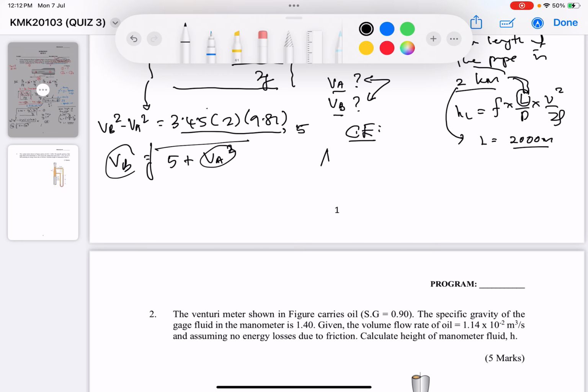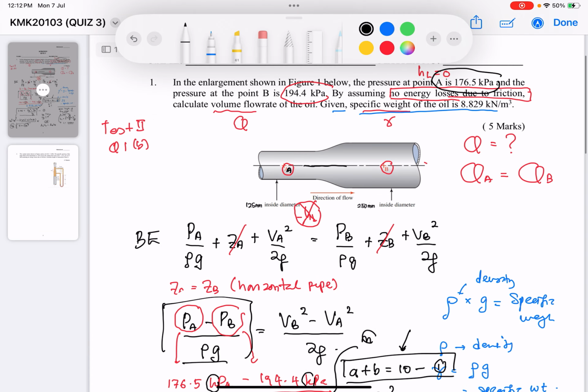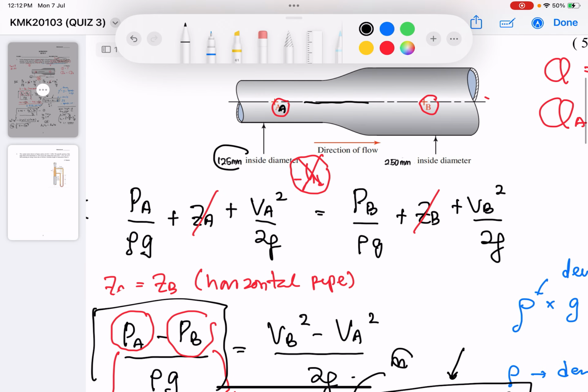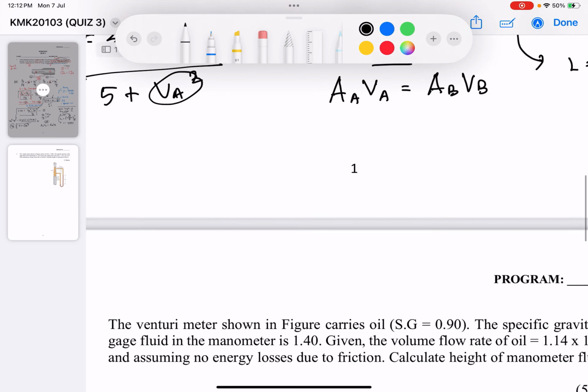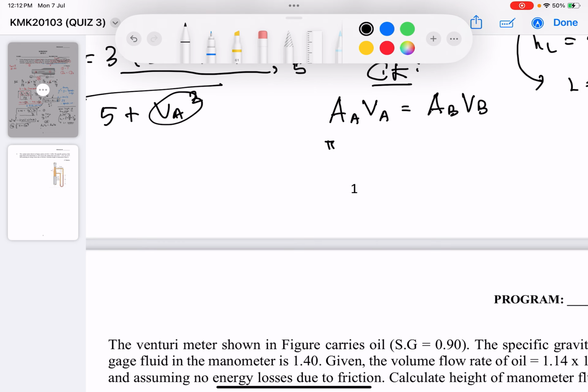I can say that area at point A multiplied by velocity at point A equals area at point B multiplied by velocity at point B. Given the diameters of 125 and 250, I can calculate the area at point A, which is pi multiplied by 0.125 power of 2 divided by 4, multiplied by VA, equals pi times 0.25 power of 2 divided by 4, times VB.